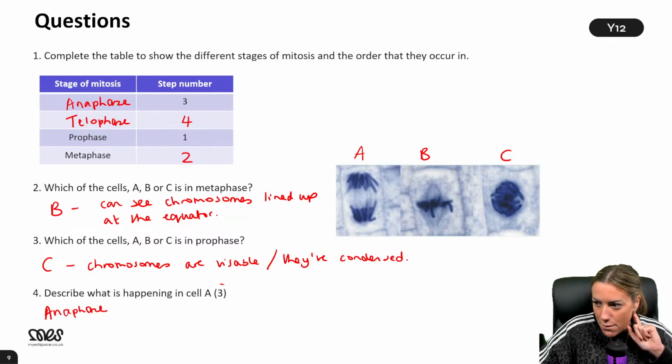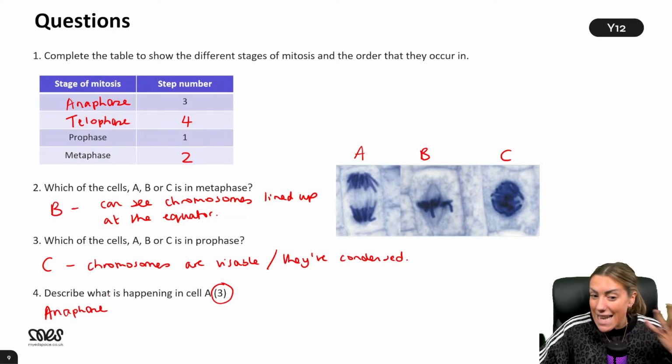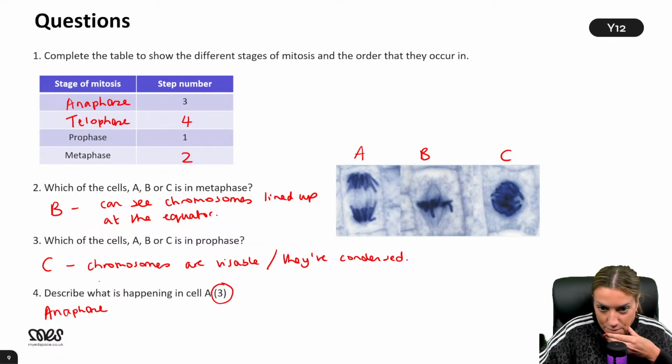I've made this a 3 marker. So I'm guessing one of the marks would be for naming the stage because we haven't actually been told the name of the stage, right? So anaphase, sister chromosomes are pulled to opposite poles by the spindle fibers. Nice. The centromere split. Yeah, let's think about how we could get marks.